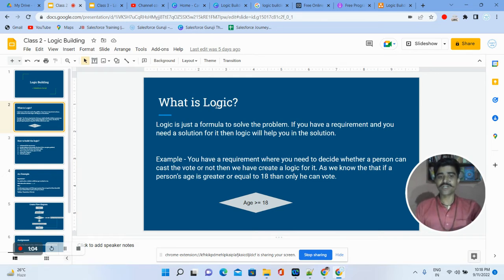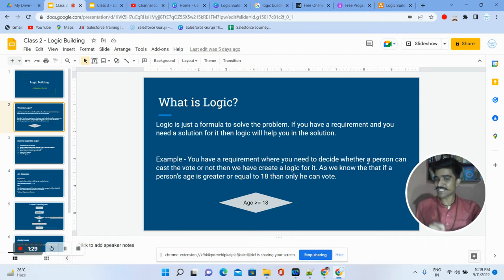So suppose you have a requirement where you need to decide whether a person can cast the vote or not. Then we need to create a logic, or in another word, a formula. As we know, if a person's age is greater than or equal to 18, only then can he cast the vote.